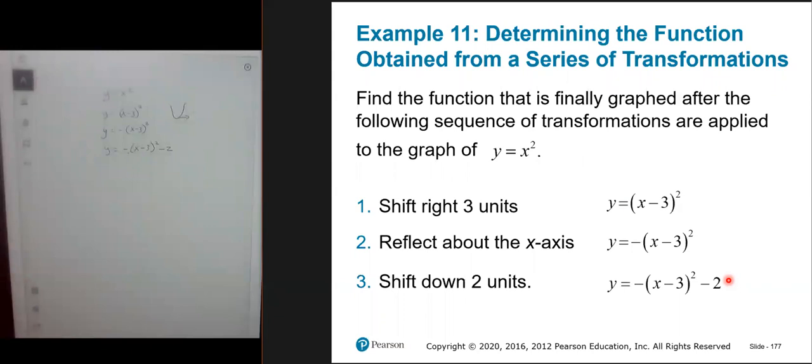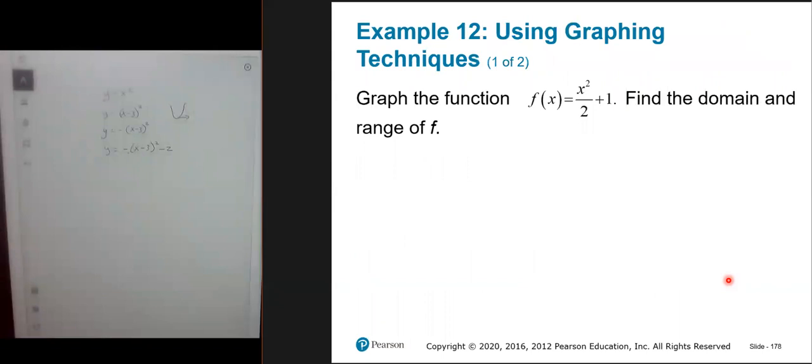Okay. The domain and range of f. The domain, I'm just going to start throwing numbers in for x.